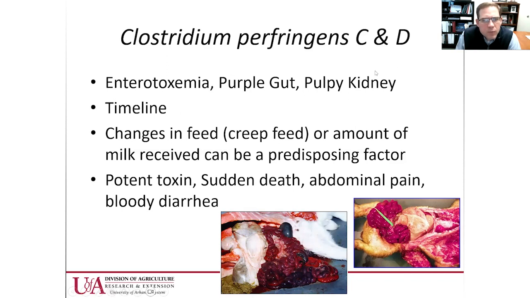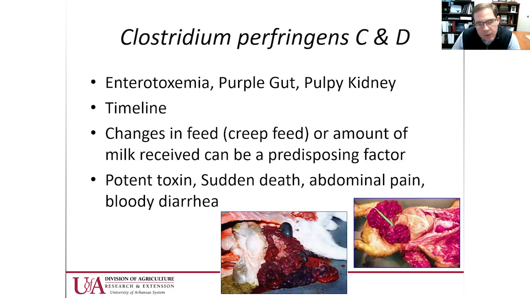Type D sometimes gets referred to as pulpy kidney, and that's just because of the type of lesion that we might see on postmortem exam with the kidney. But both of these usually have a predisposing factor of some sort of feed interruption, or some sort of difference in feed intake that has occurred with the animal.